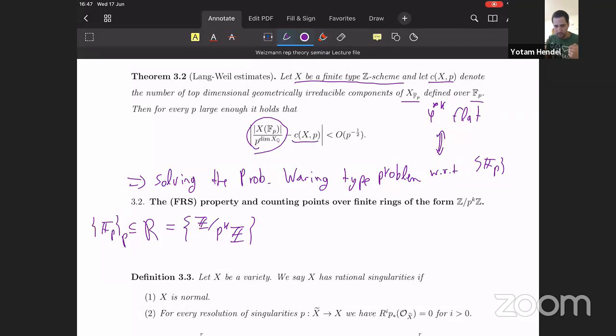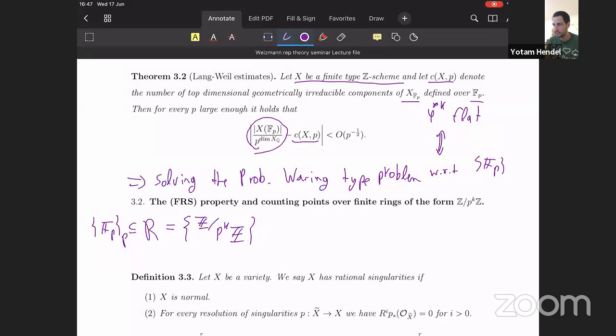So if I want some singularity property that encapsulates a solution for the probabilistic Waring problem over this family, then in particular such a morphism must also be flat. And actually, I have some singularity property that really captures a solution for the probabilistic Waring problem in the case of this family of finite rings.